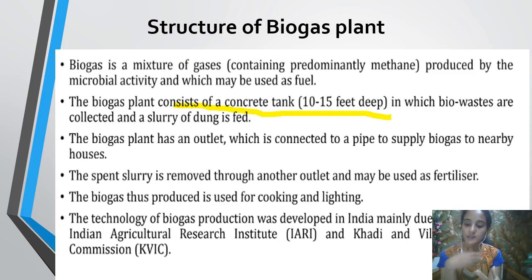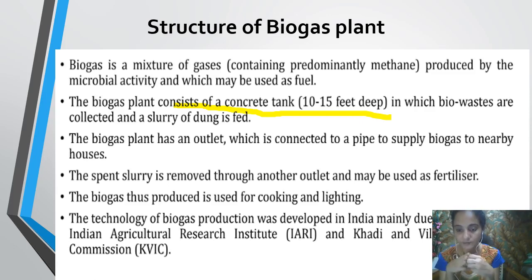The waste material that comes out, the used slurry, can be used as manure and fertilizer. So you can make it an integrated management. If you have a cattle farm, along with the cattle farm you should have this biogas plant, because the cow dung collected can be added as a raw material for the biogas plant, and we can get the biogas.